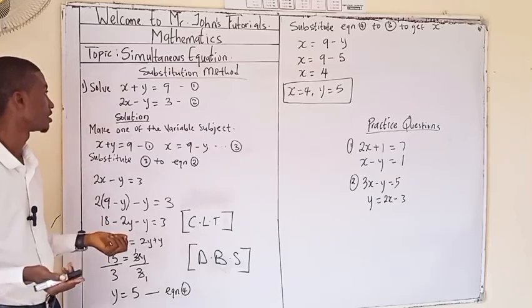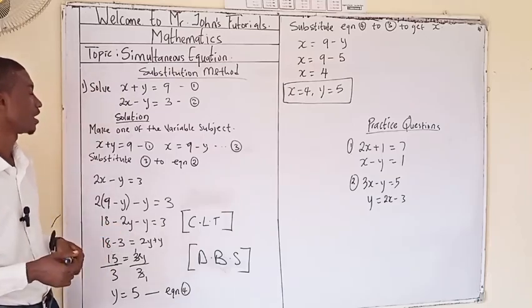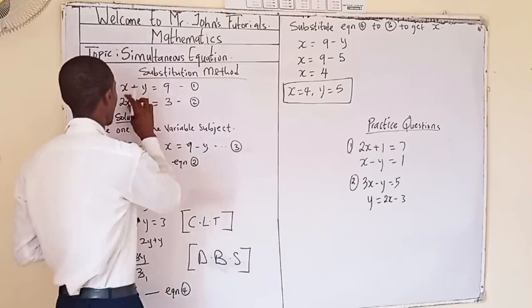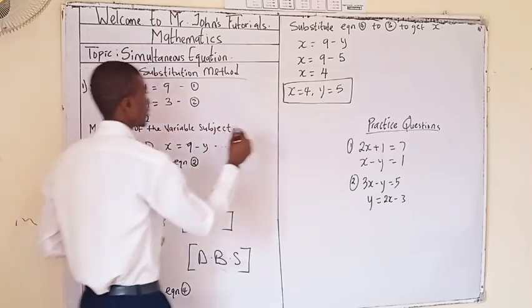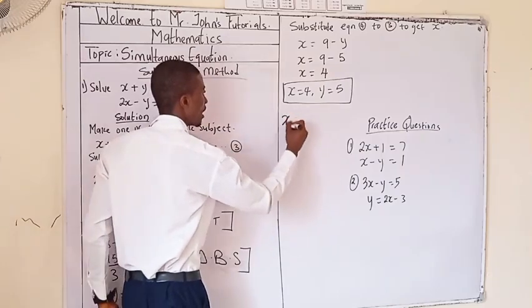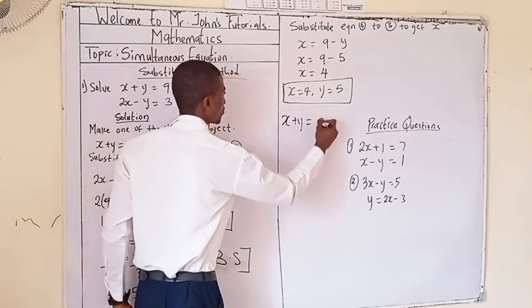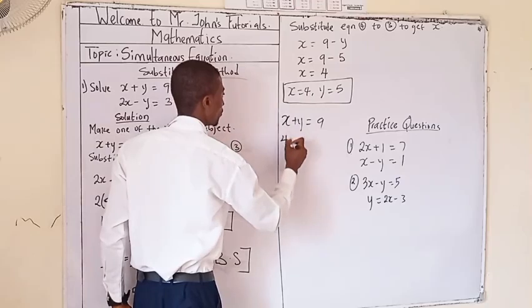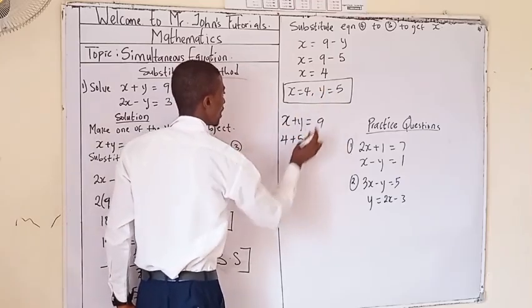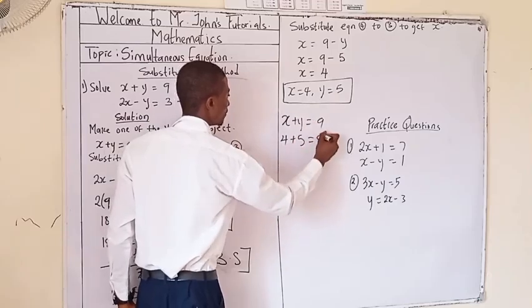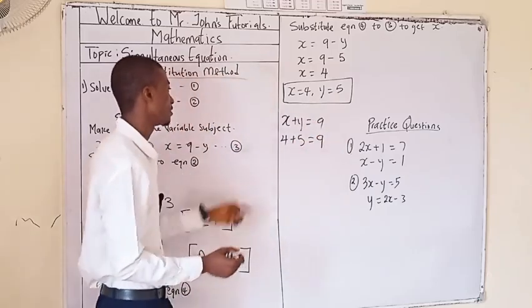You can decide to check it to find out if your answers are correct. So you can substitute the value for x and y to confirm if it's actually right. So when you have x plus y equal to 9, your x is equal to 4, your y is equal to 5. When you add them both together, you're going to have 9.